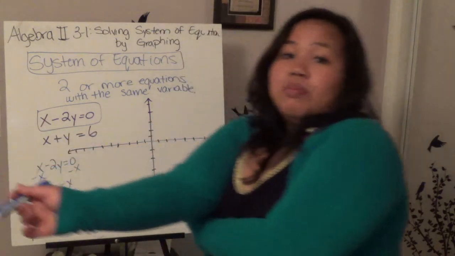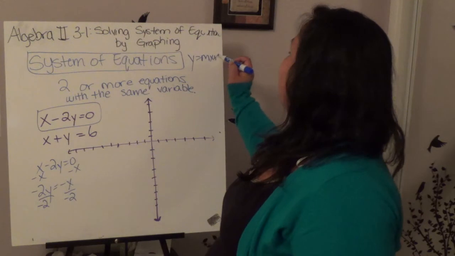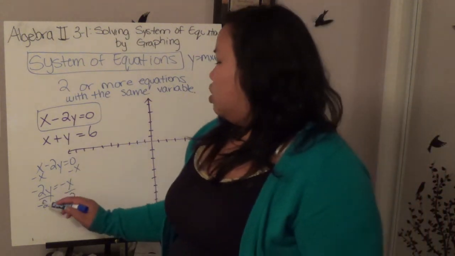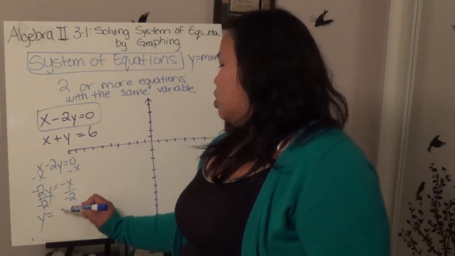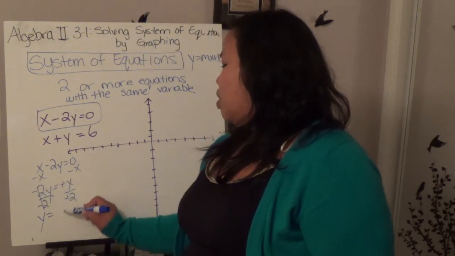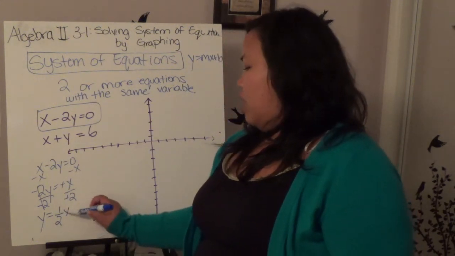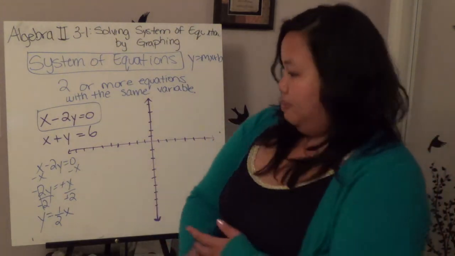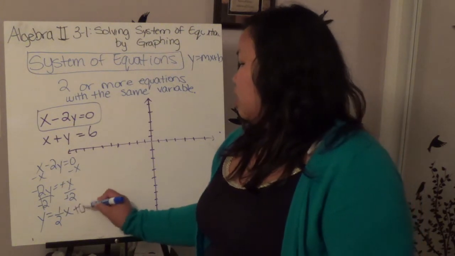What I'm doing is putting it into the y equals mx plus b format so that I can graph it. So I end up with y equals, the negatives cancel out, 1/2 x, because the number in front of the x is 1. And there's no b. Okay?